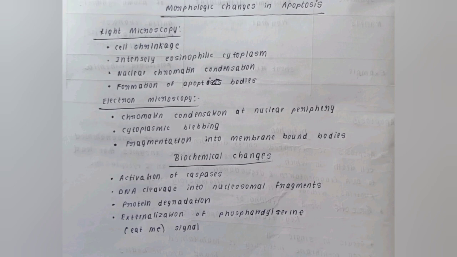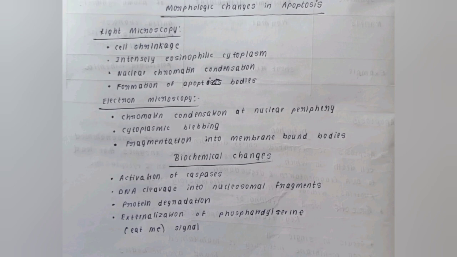And biochemical changes: activation of caspases, DNA cleavage into nucleosomal fragments, protein degradation, and externalization of phosphatidylserine signal. What is phosphatidylserine signal? The eat me signal, which we discussed in the mechanism. And one more thing that is remaining here is methods to identify.